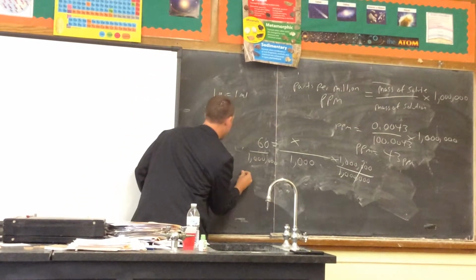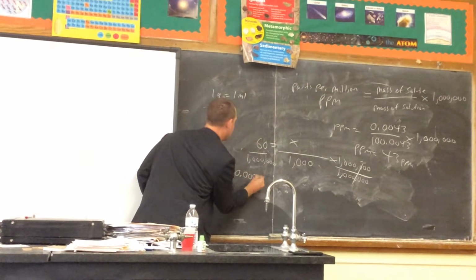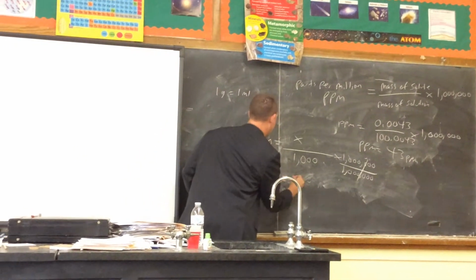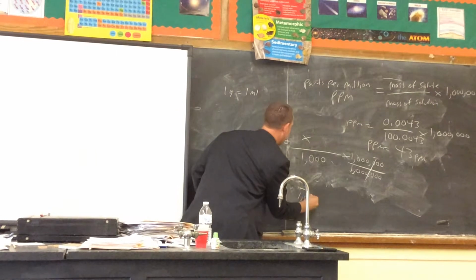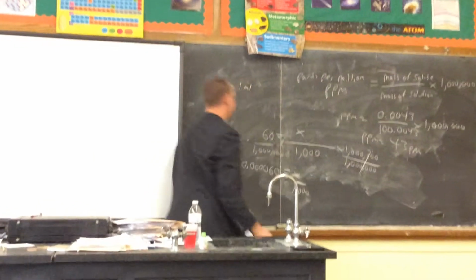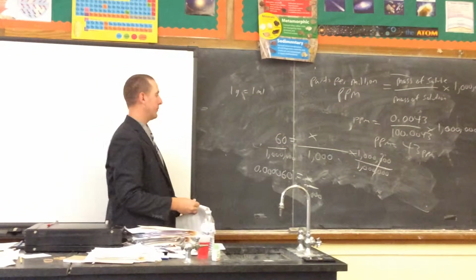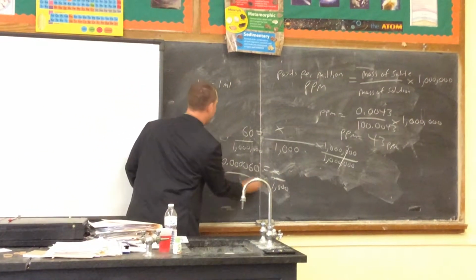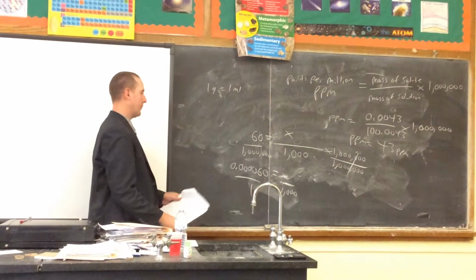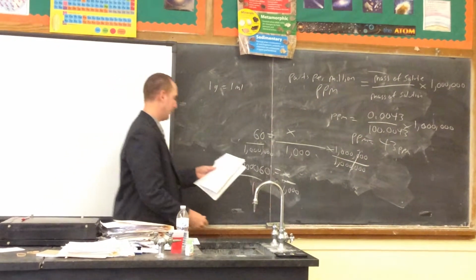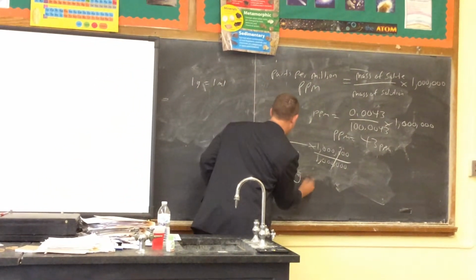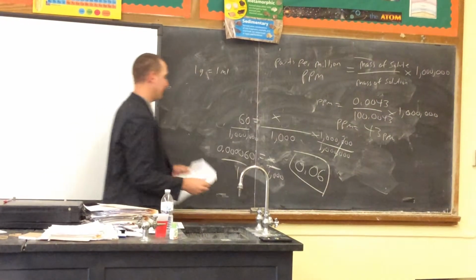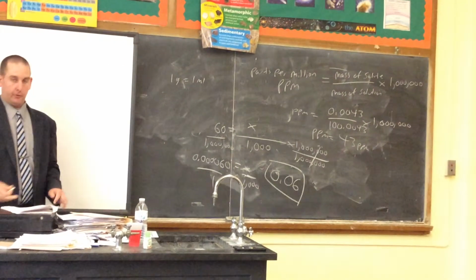So you're going to get 0.00060 equals x over 1,000. Next, just cross multiply. 0.00060 times 1,000, right? Which is basically moving the decimal point 3 places back over to the right, and you get your answer of 0.06 for number 3. Okay?